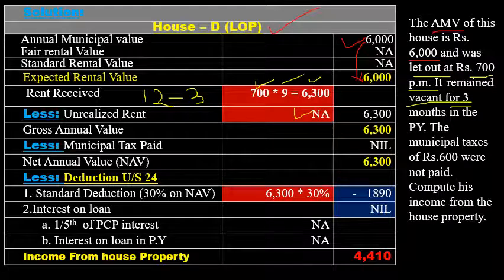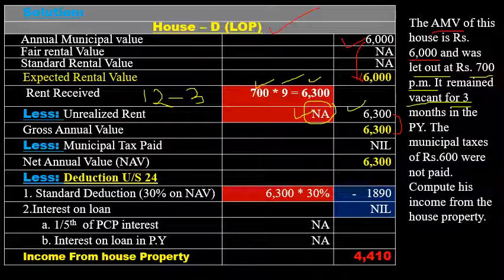Next is unrealized rent. Not applicable, no unrealized rent. So after considering the unrealized rent, rent received is 6300. Now next is the gross annual value. Whenever the second clause is applicable, that is, whenever there is unrealized rent and vacancy period, rent received itself is the gross annual value.